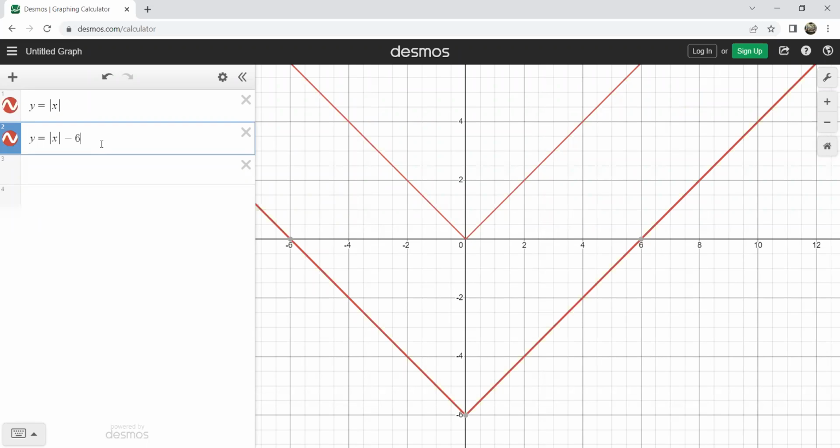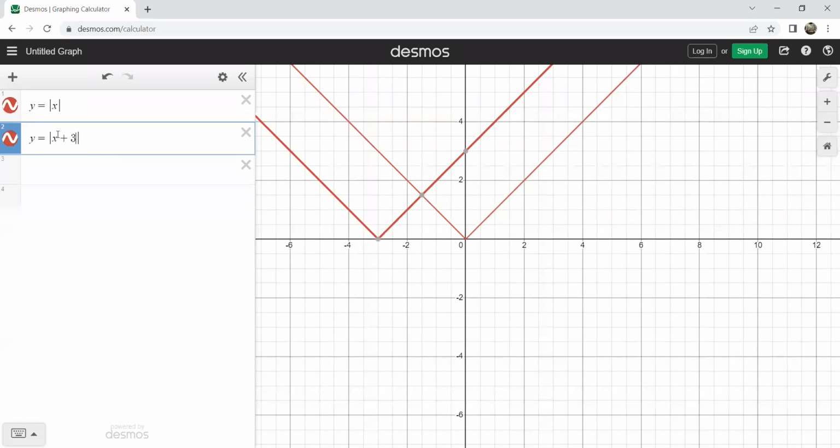These are the changes we see in the graph of the absolute value. They follow exactly what we learned before: multiplying our x or our y by numbers, and also adding and subtracting our x.